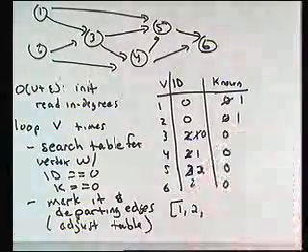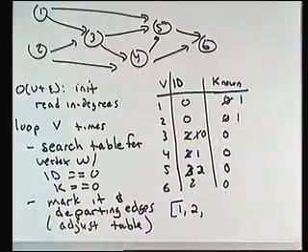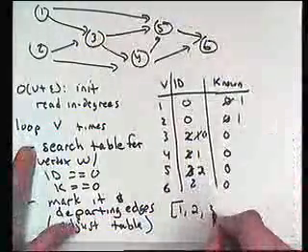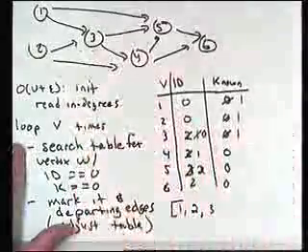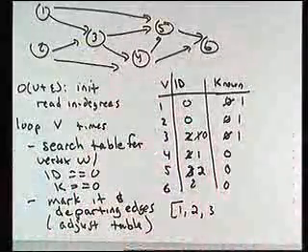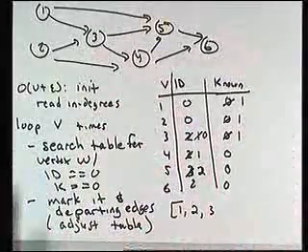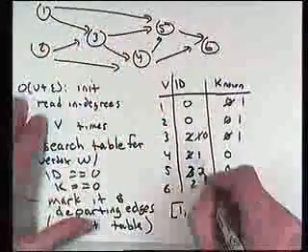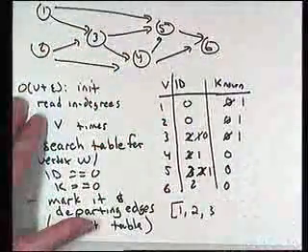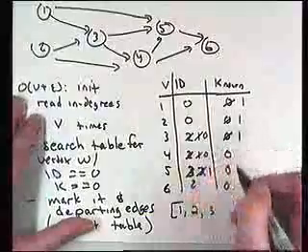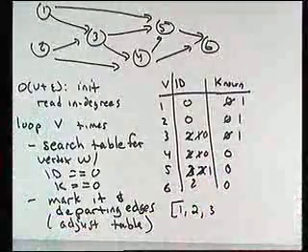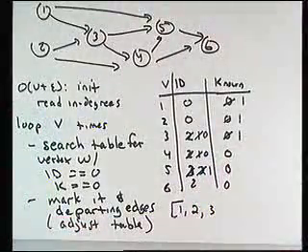And I'll say, well, vertex 3 has in degree 0 and known equal to 0, so I can list that. I mark that known, and I say, what are the neighbors of 3? Well, they're 5 and 4, which means if I was to remove 3 and its departing edges, 5's in degree would go down by 1, and 4's in degree would go down by 1. And so that's the end of step 3.